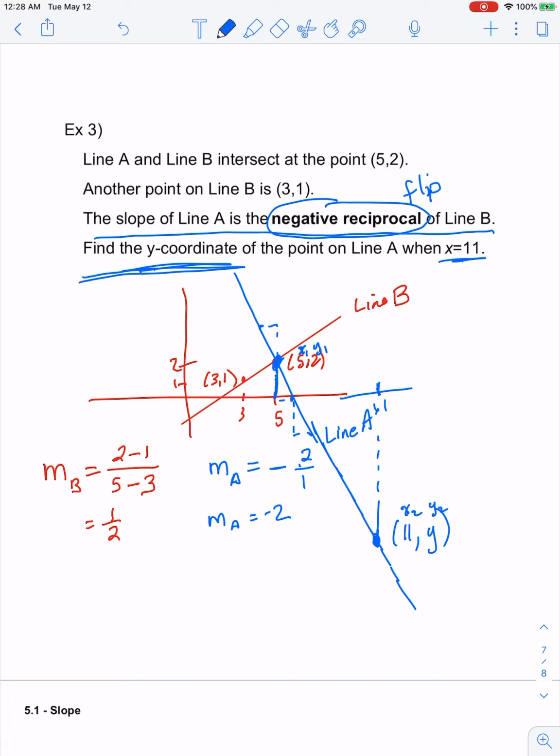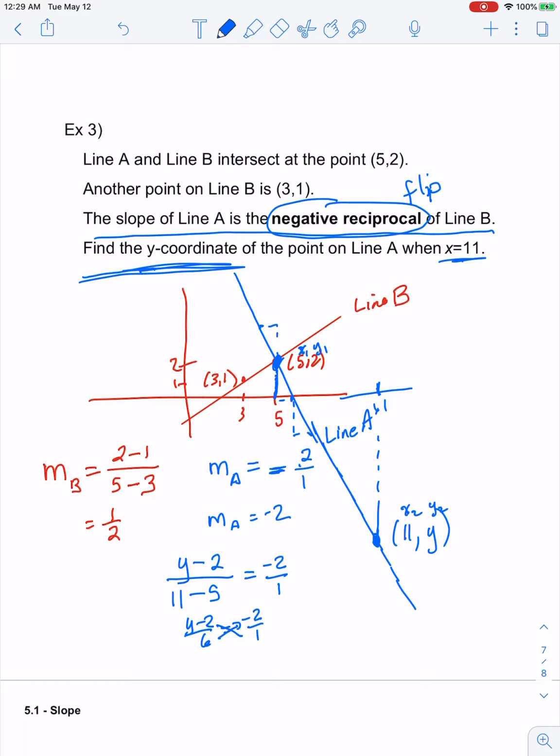So y minus y1, which is 2, over x2, which is 11, minus x1, which is 5, has to equal -2 over 1. That negative sign has to go with the 2 or the 1, but it can't go with both. You have to make a decision. So (y minus 2) over 6 equals -2 over 1.